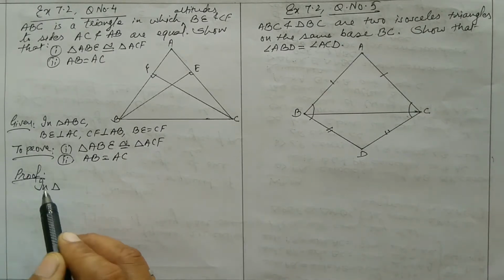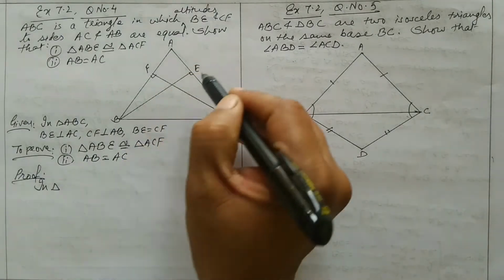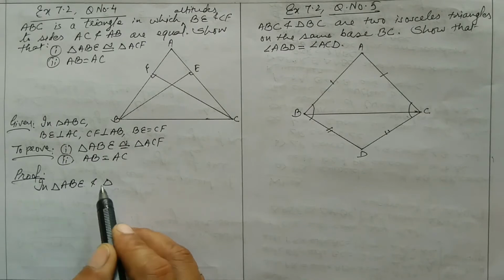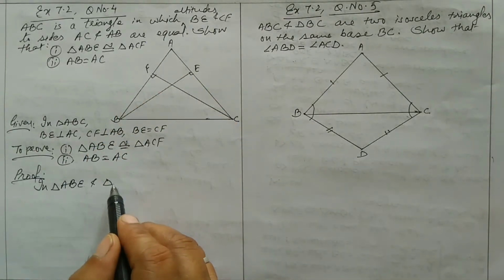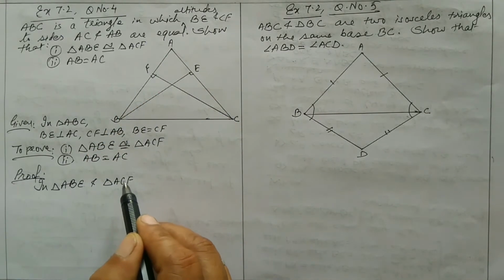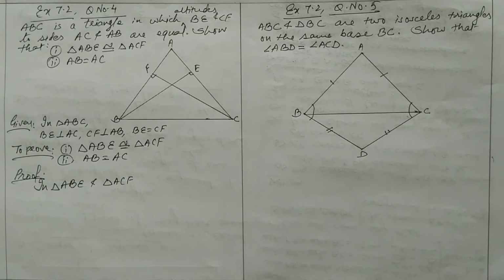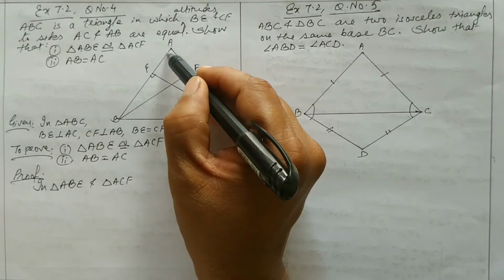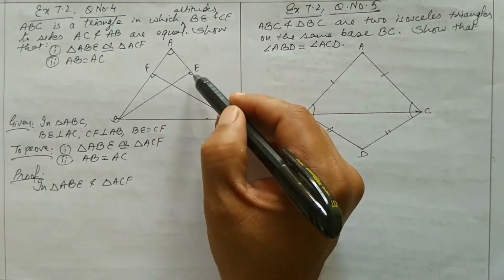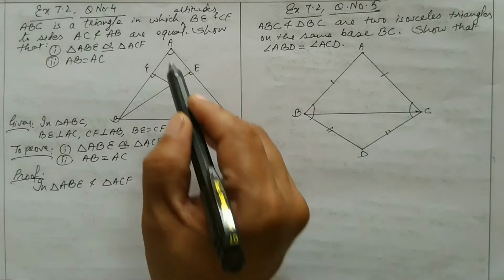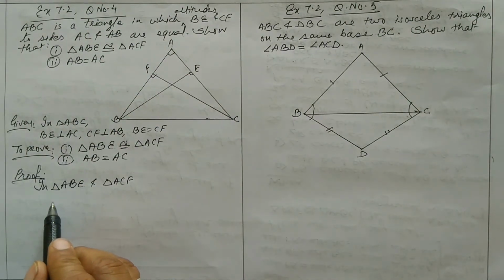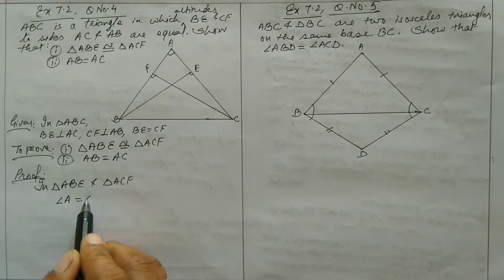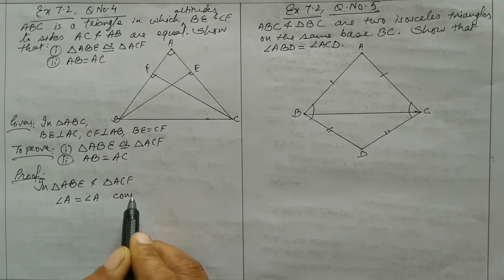So in triangle ABE and triangle ACF, angle A is common, so angle BAE is equal to angle CAF. Or you can write angle A is equal to angle A, common angle.